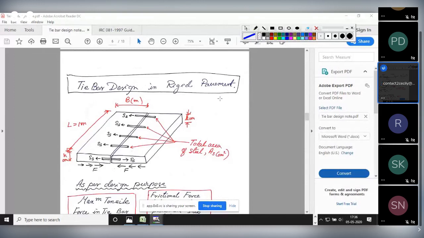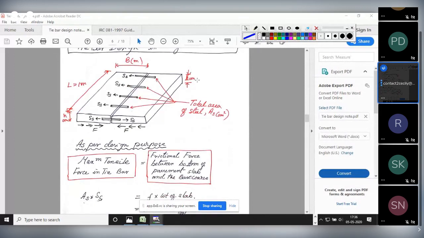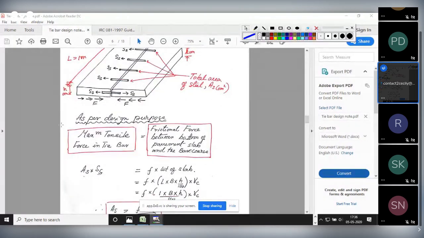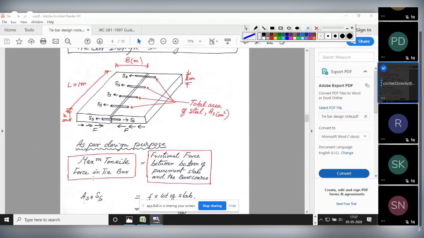Now, we are using this formula: maximum tensile force in the tie bar must be equal to the frictional force on the pavement. Now what is the definition of force? Force is stress into area, P equals stress into area.